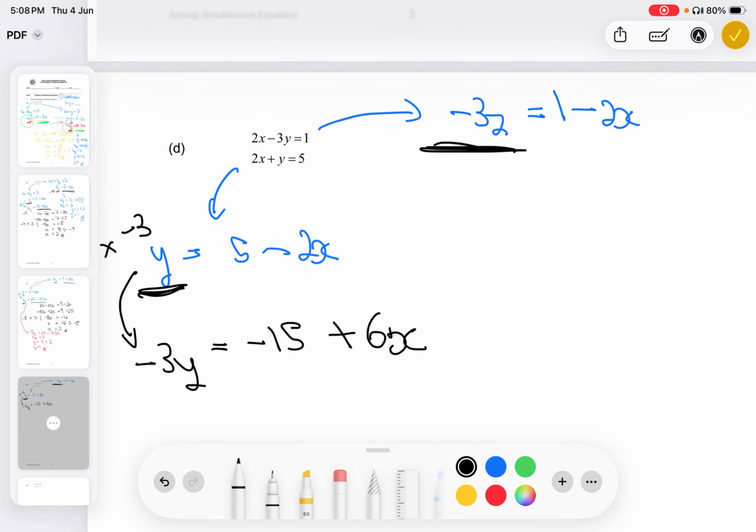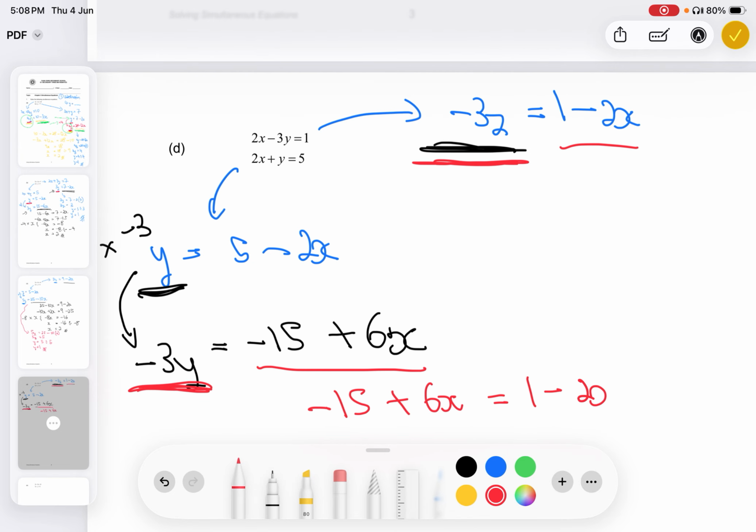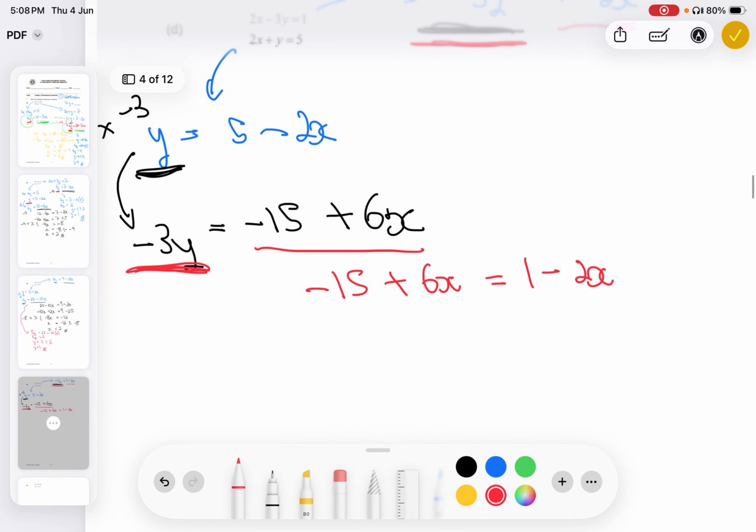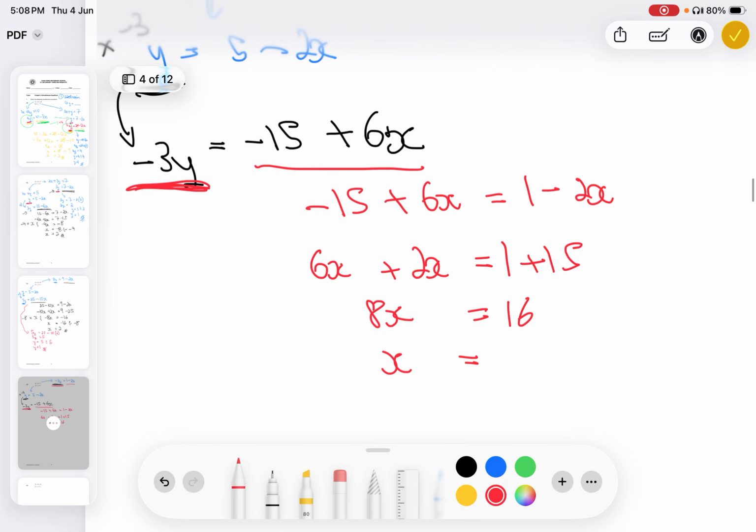Then with this, right, these two are now the same. Then with this, so the right side will be the same. Then we minus 15 plus 6x equals to 1 minus 2x. Then I solve accordingly. 6x plus 2x, 1 plus 15. So this 8x equals to 16. I divide this by 8.